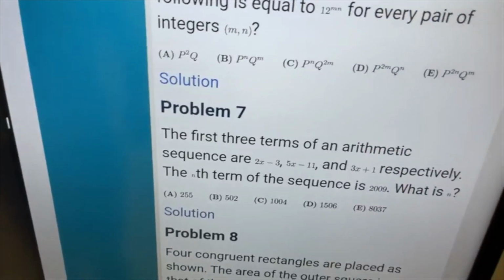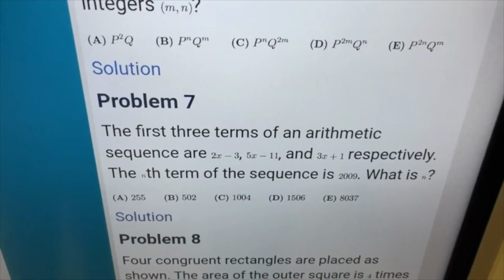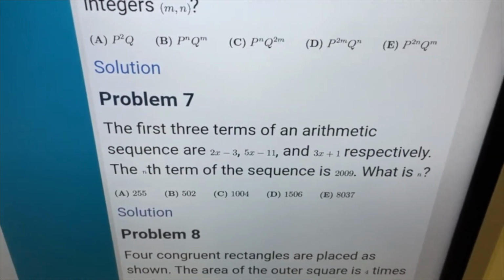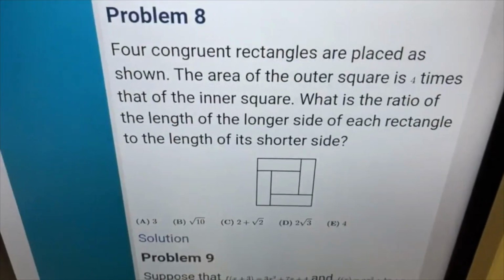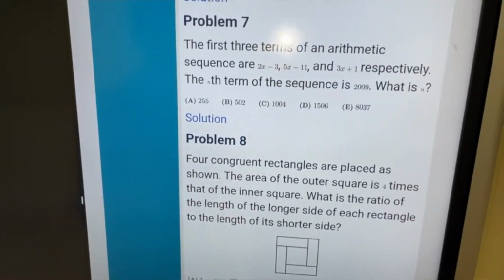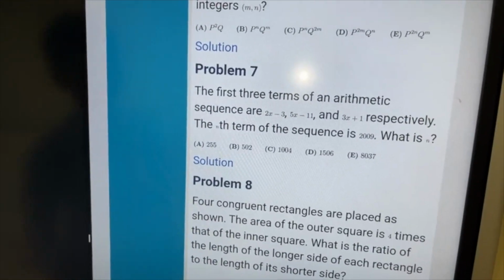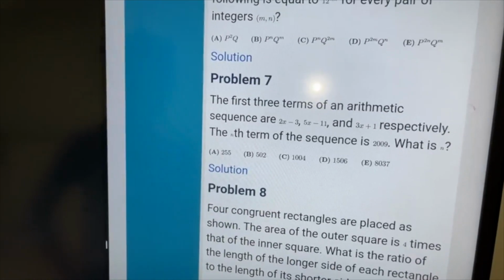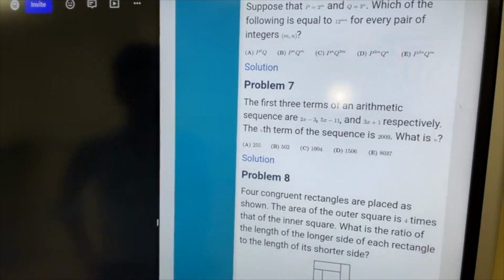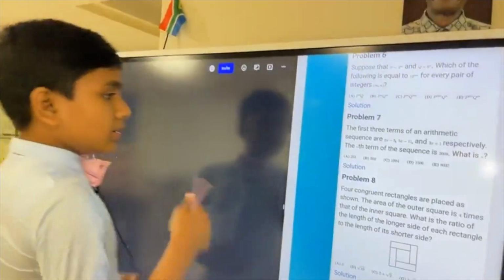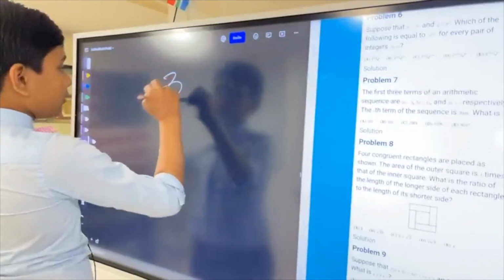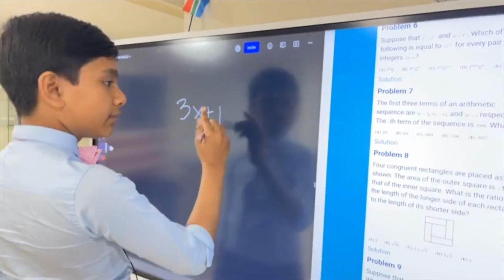Okay. The first 3 terms of an arithmetic sequence, so adding, are 2x, 5x minus 11, and 3x plus 1, respectively. The nth term of the sequence is 2009. What is n? Alright, so that should be pretty easy. Arithmetic means we have one common difference.